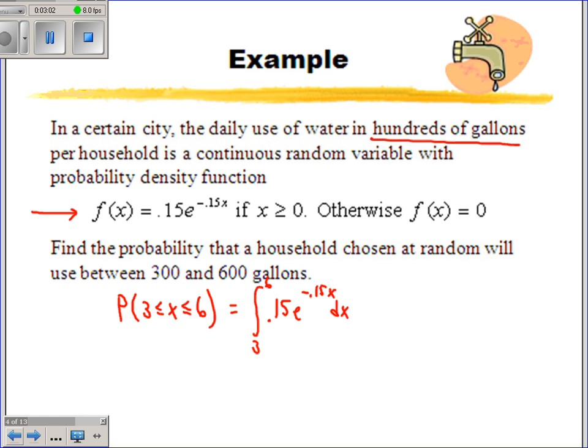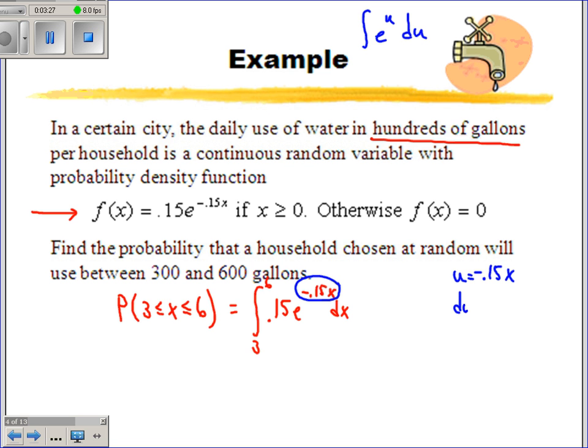So now, to find this antiderivative, it's going to be of the form e to the u. We don't have a single x for the exponent right now, so we're going to have to do a u substitution. I'm going to let u be my exponent of the e function, the exponential function. So u is going to be the negative 0.15x.